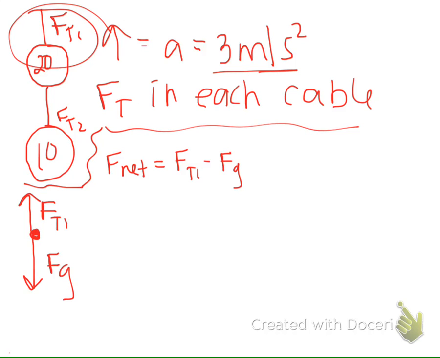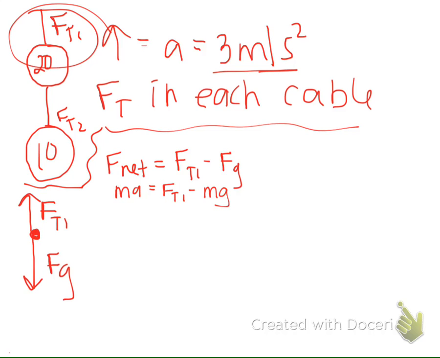We do a quick substitution here with F net equals mass times acceleration equals force of tension minus, what's F sub G equal? Mass times what? Gravity. Mass times gravity.